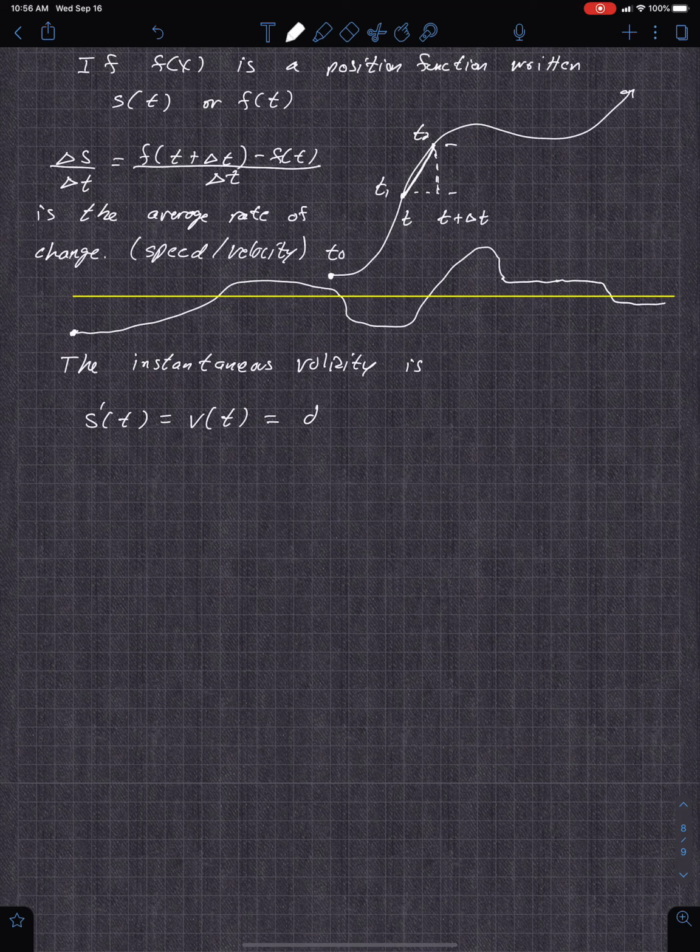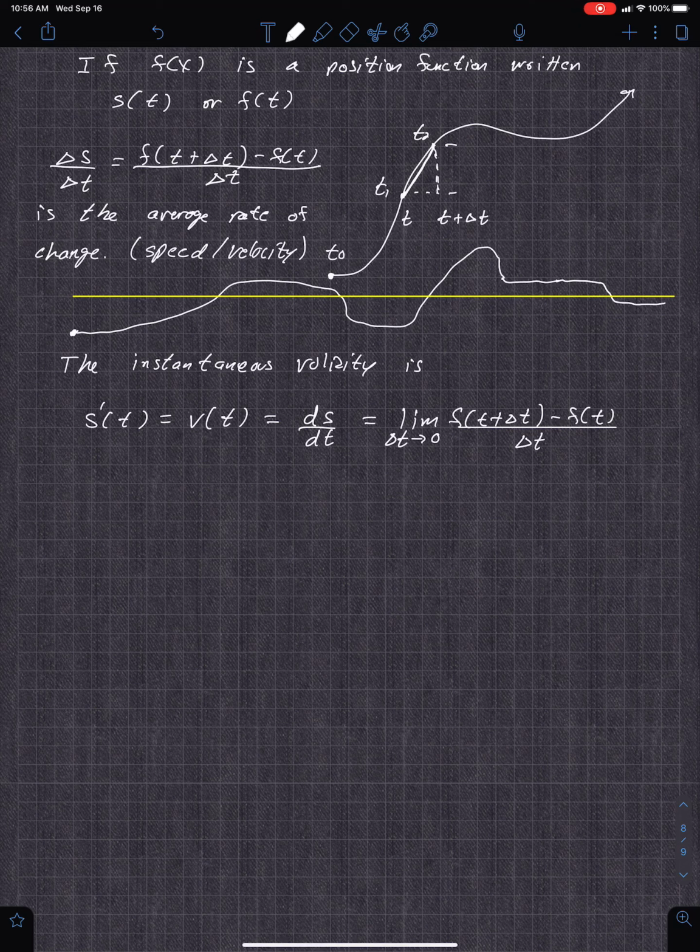Or you could write it as ds/dt, is equal to that limit above. So it's the limit of f of t plus delta t minus f of t, all over delta t, as delta t approaches 0.